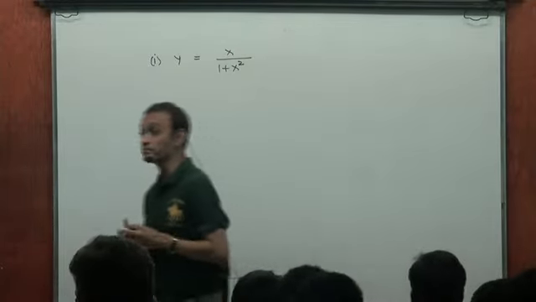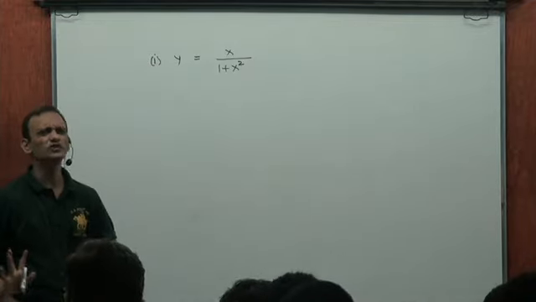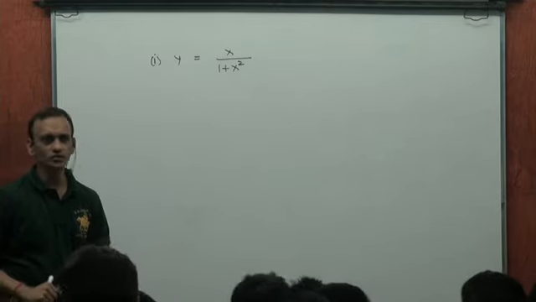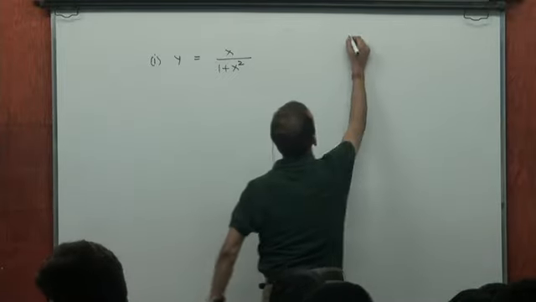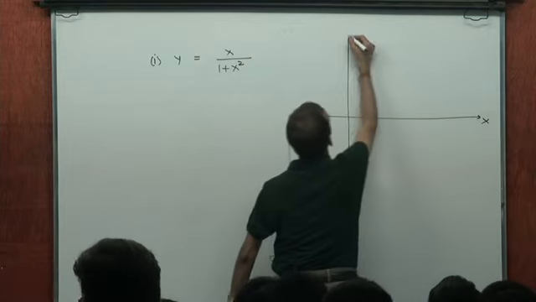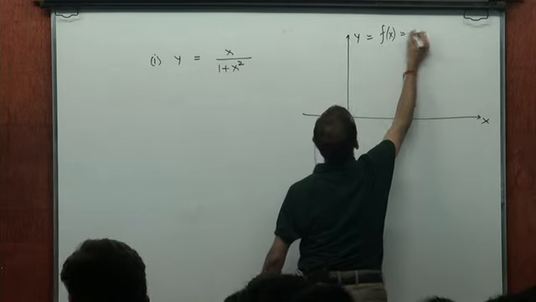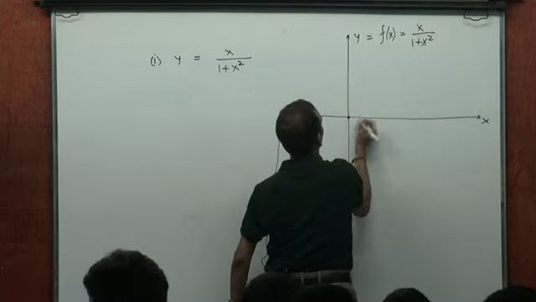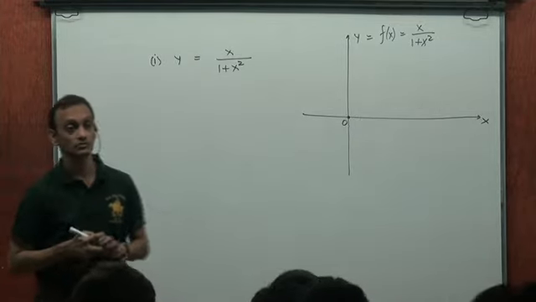Let me draw the graph of this function. It has only one root, which is x equal to 0. So (0, 0) is a point on the graph of the function.